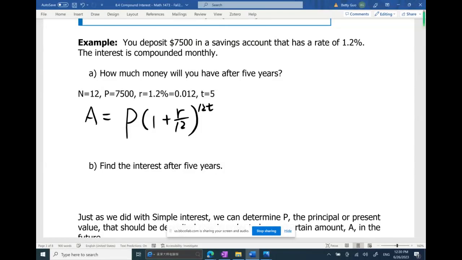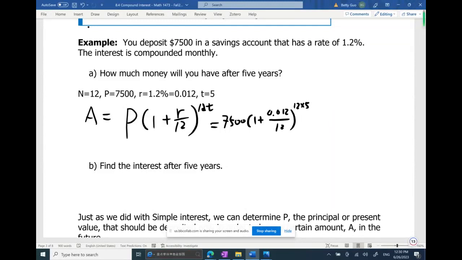12 here, 12 here. All right, and then you enter the values of the given variables. P is given, 7,500, and 1 plus r, which is 0.012 over 12, and raise that to the power of 12 times 5. 12 times 5 we know is just 60.